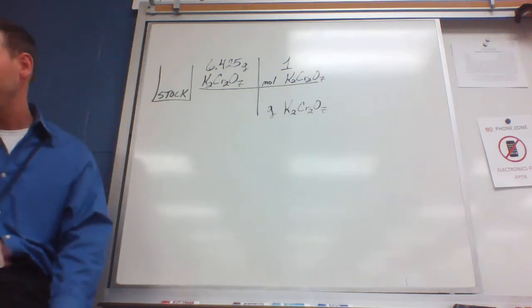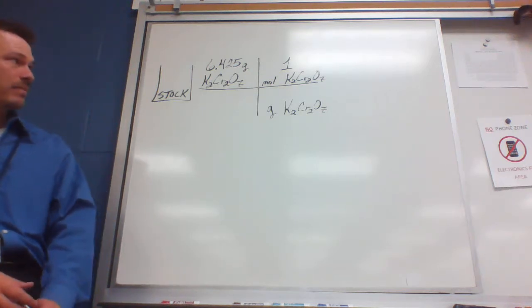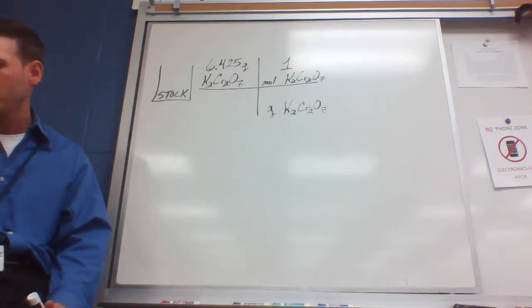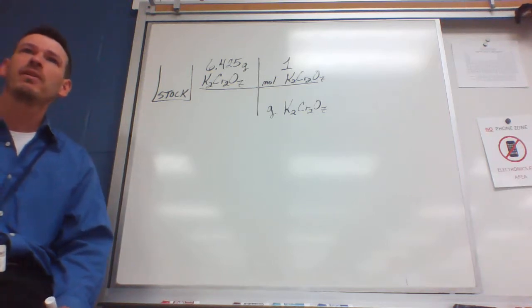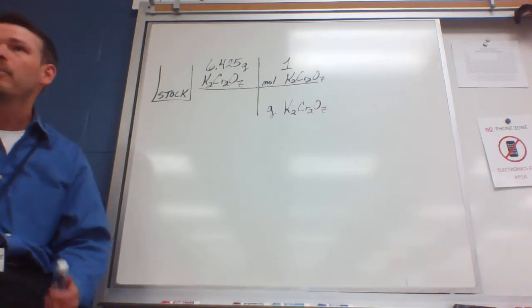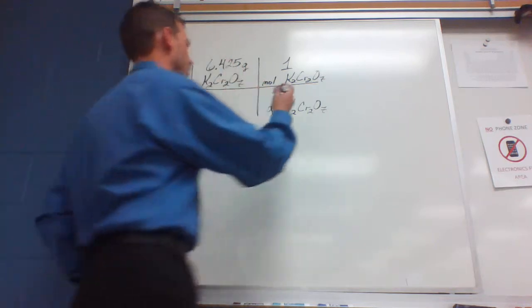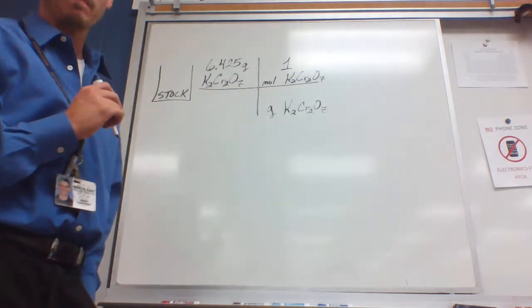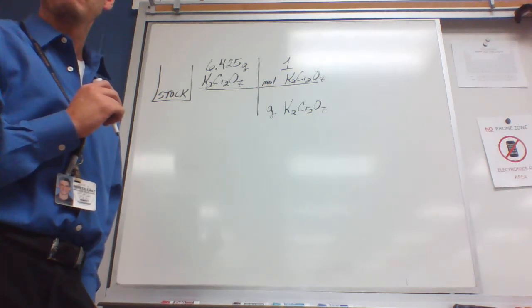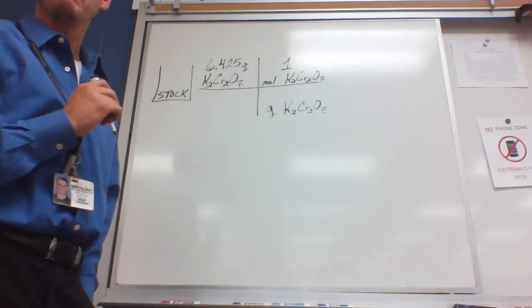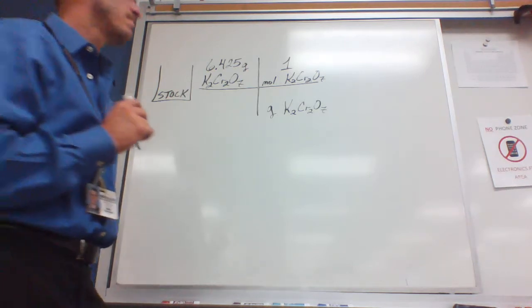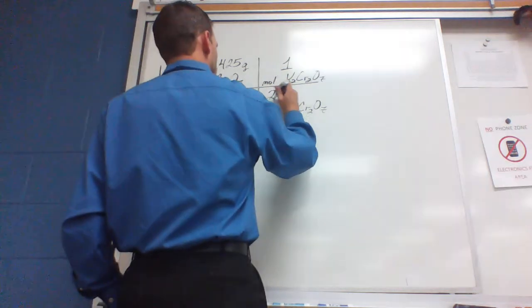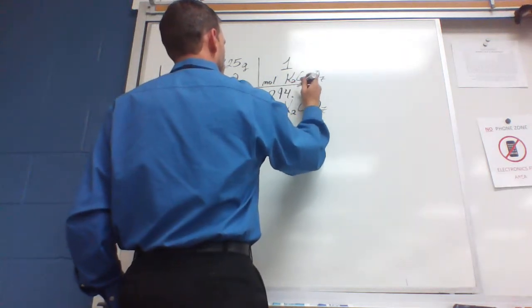So we need the periodic table of K2Cr2O7. Uh-oh, cluster 6. Aspen, you're about to get... Oh, yeah, we don't have anybody in the cluster. Aspen, can you give me that number? Is it 294.2?